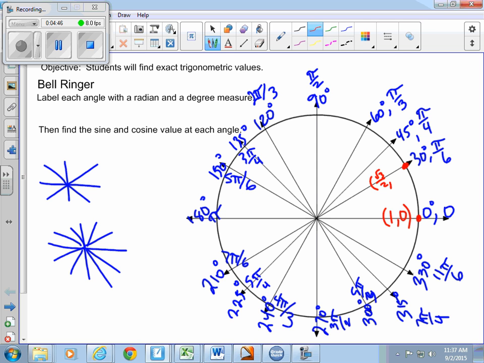What is the sine of 30 degrees? What is the cosine and sine of 45? What's the cosine and sine of 60? 1/2, square root of 3 over 2.